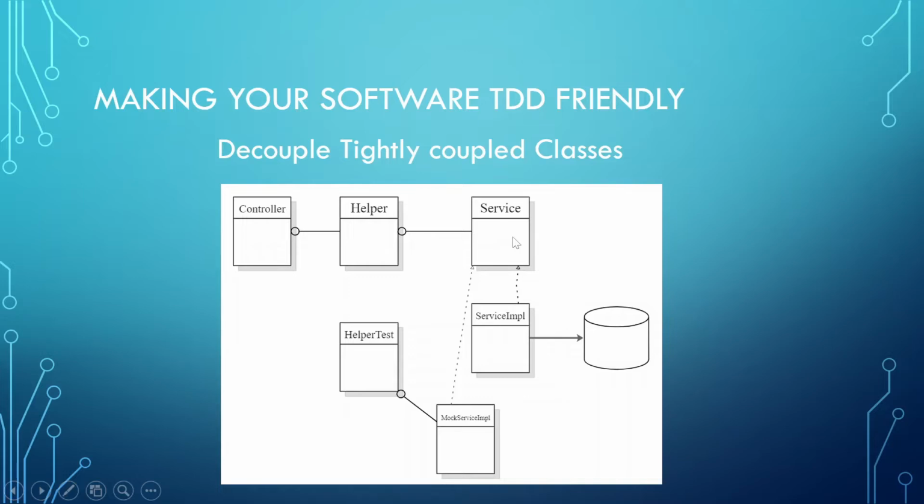So whatever the service receives from the database or from any other classes, we return unmodified. Whatever the controller gets from the helper, it returns that unmodified. So all the modification of the data takes place in one place, and that makes it easy to write tests, because now we have only one class to test, and that is the helper test.